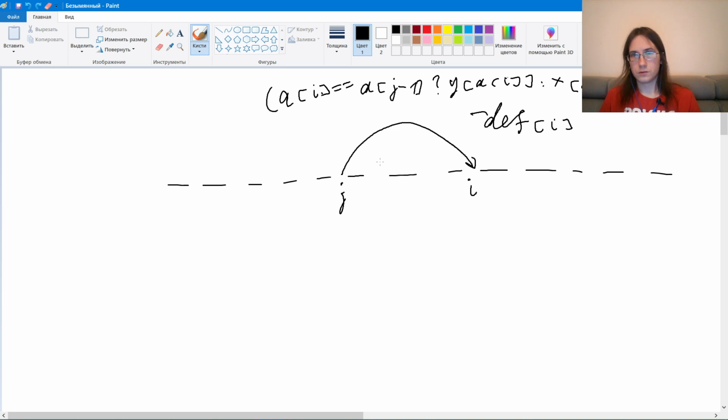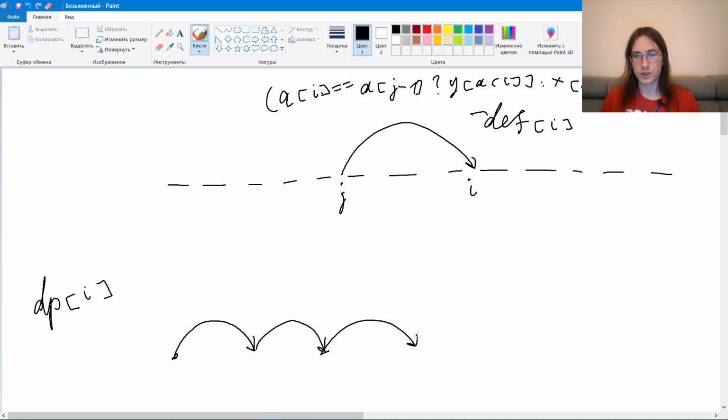Now let's try and write the formula for dp i, where dp i is just the best way to jump into the position i from the very first position, from position 0. So the best price of jumps to jump into position i from position 0. This is dp i, and we can very easily write out a formula for it.